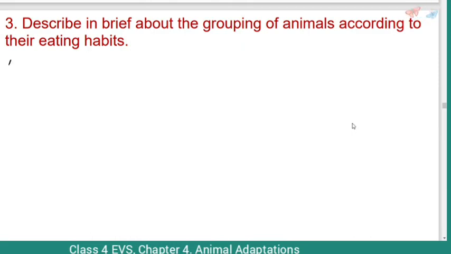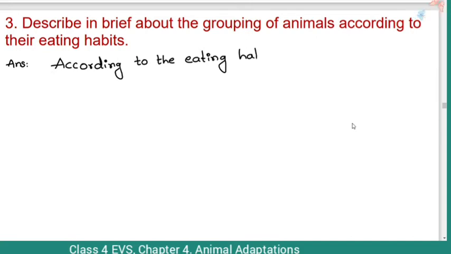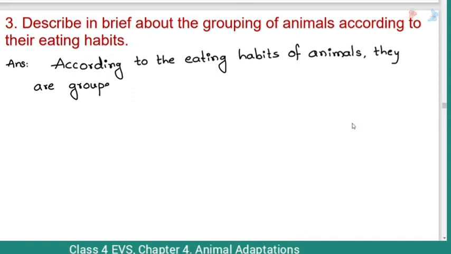Answer, according to the eating habits of animals, they are grouped into 5 types.